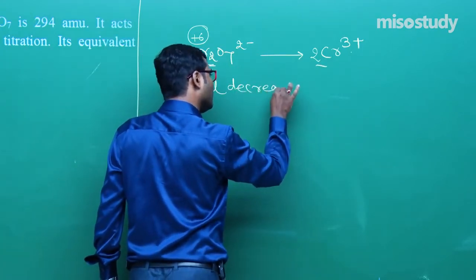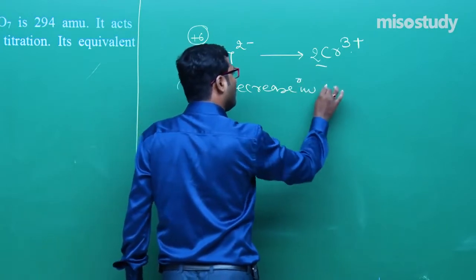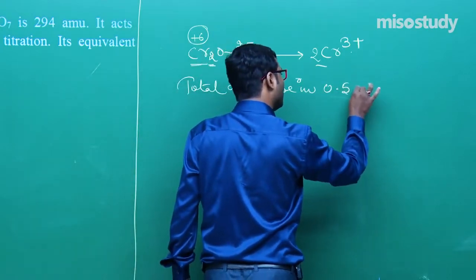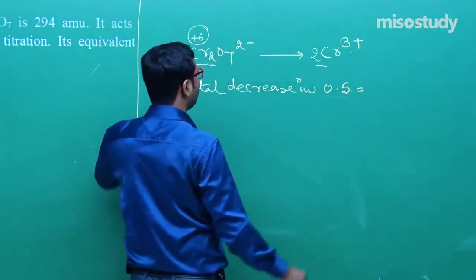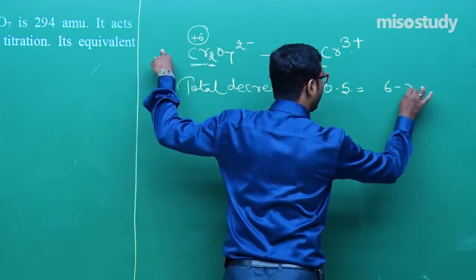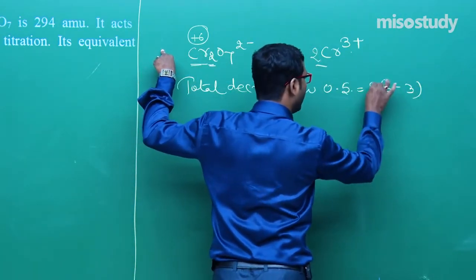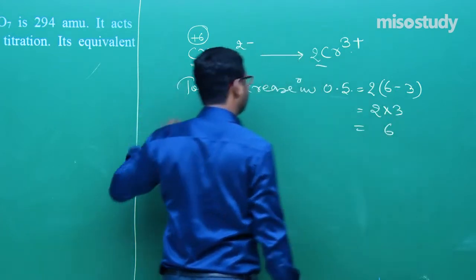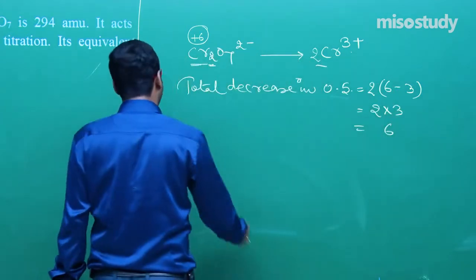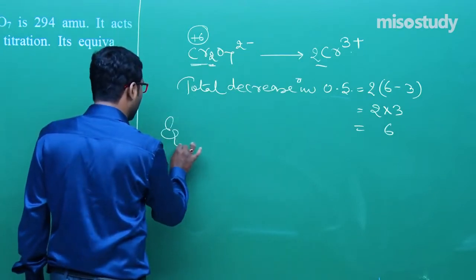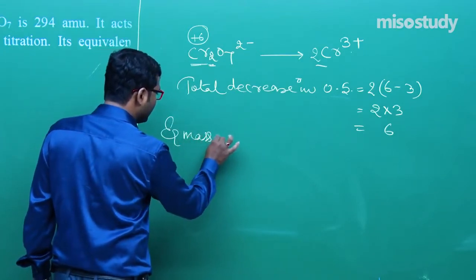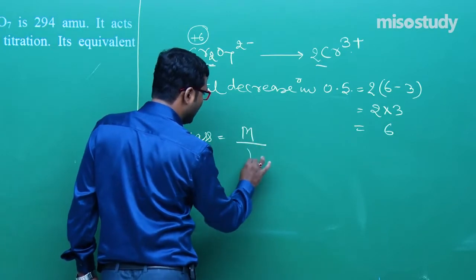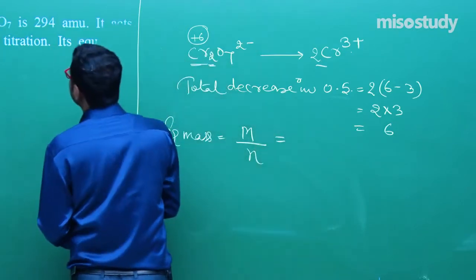decrease in oxidation state. What is the total decrement in oxidation state? +6 minus 3, multiplied by 2, that is 2 into 3, that is 6. Clear to you? Now, what will be the formula? Equivalent mass is equal to molar mass upon n. What is the molar mass?